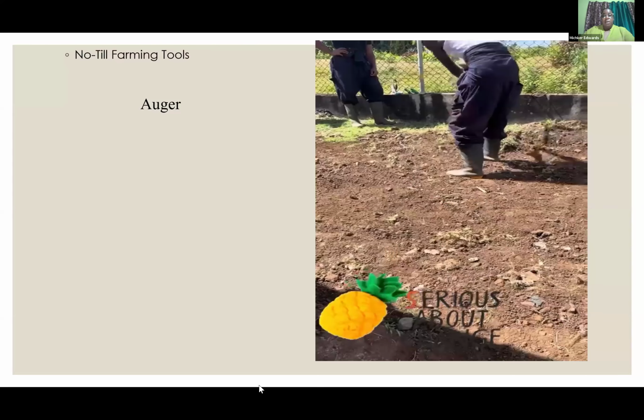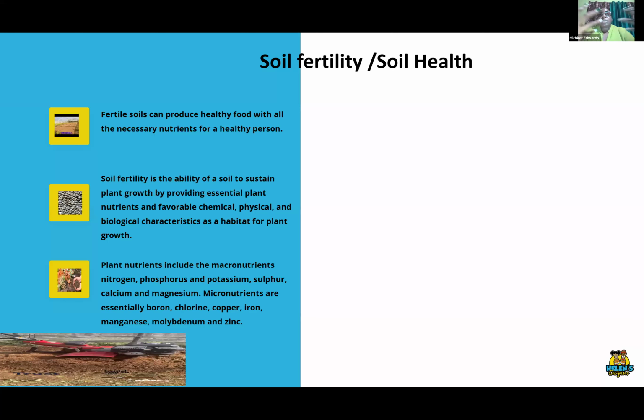So soil fertility. Soil fertility and soil health go hand in hand, right? Fertile soil can produce healthy food with all the necessary requirements for a healthy person. Soil fertility is the ability to sustain plant growth by providing all the essential nutrients, right?